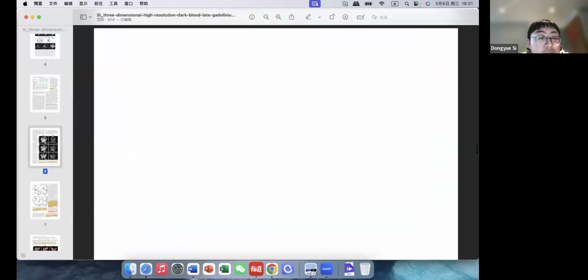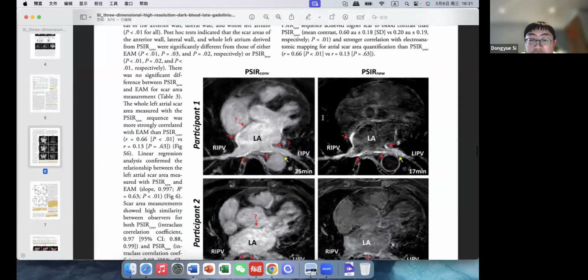Yeah, we did notice some artifacts. First, because the blood is so dark, the signal to noise ratio is not as good. And the second part is we got some inflow artifact from the pulmonary vein, as I mentioned in the limitations.